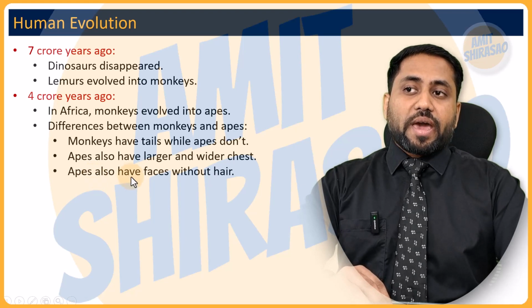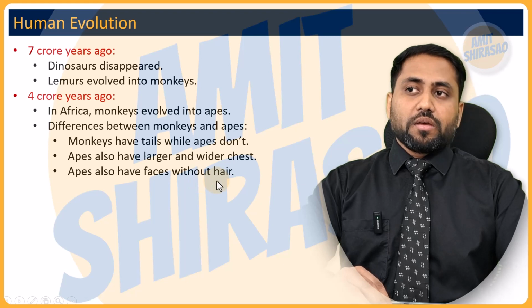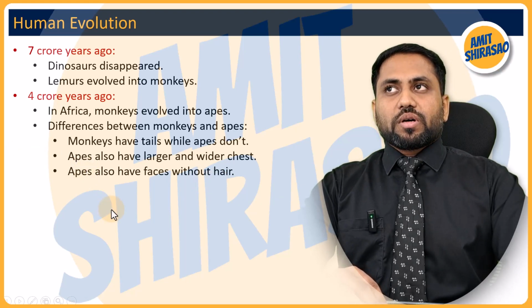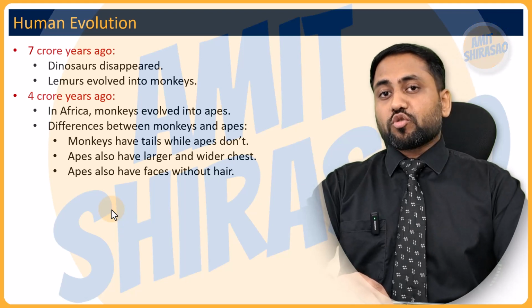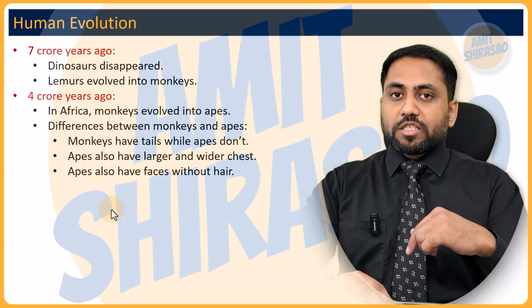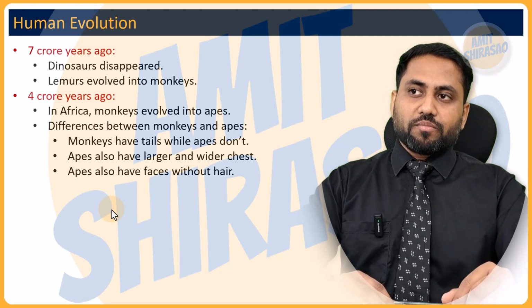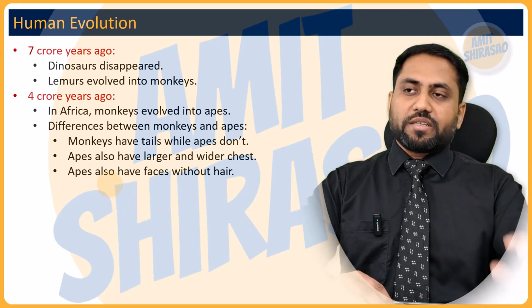Apes have faces without hair. Apes are usually stronger than monkeys. So apes, that's why you have Planet of the Apes. Because these are stronger versions of monkeys, and we are the intelligent version of apes. And mind is mightier than sword, and that's why we rule the planet now.